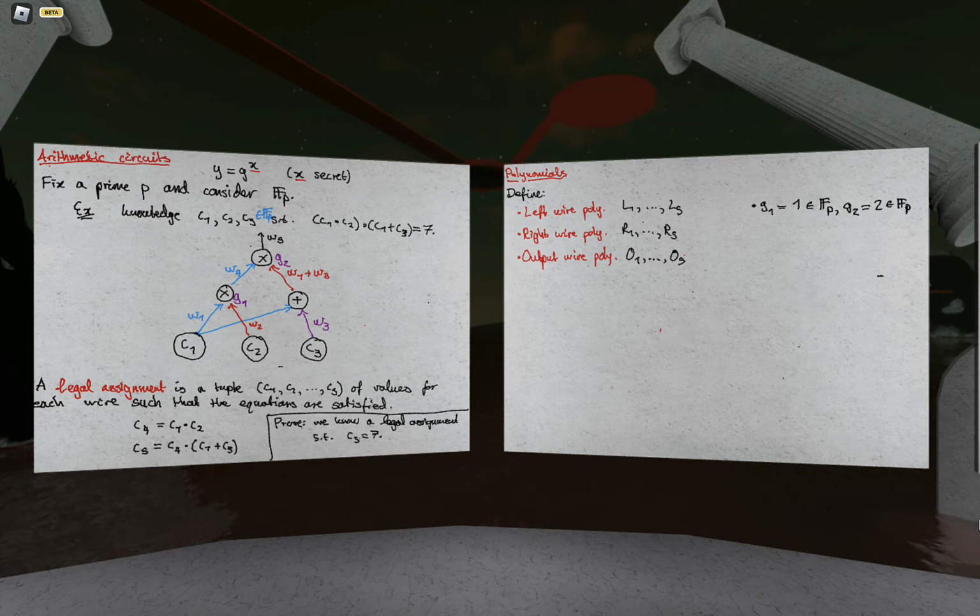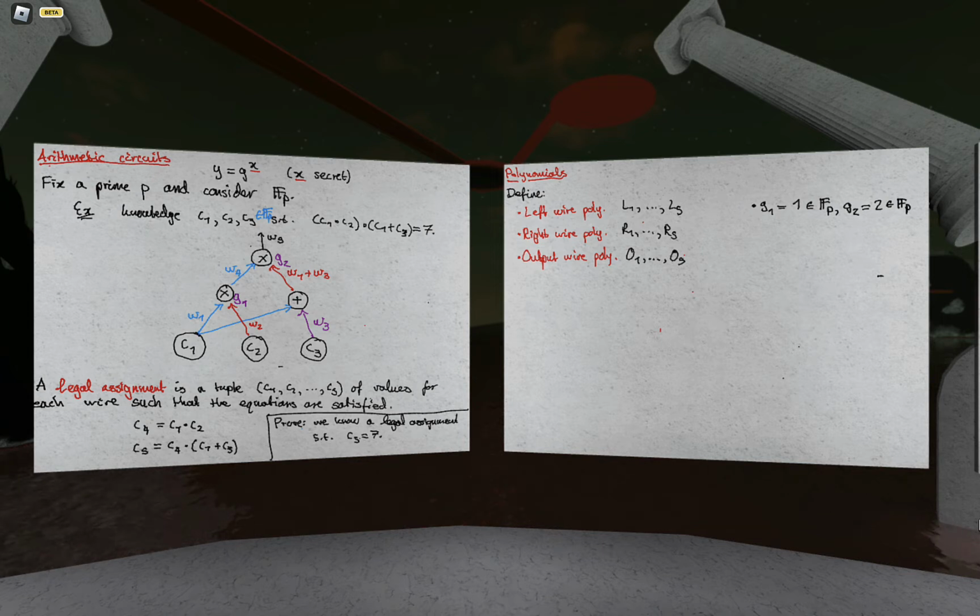Now the idea is the multiplication gate G1 has as inputs W1 and W2 and output W4. So I'm going to make L1 equal to 1 at G1 and 0 at the other G's, okay? So the polynomial is selecting, in some sense, which gate this left input corresponds to.